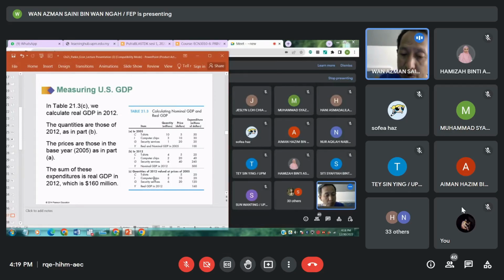Now, we want to compute real GDP. As I said earlier, when it comes to real GDP, we fix the price.